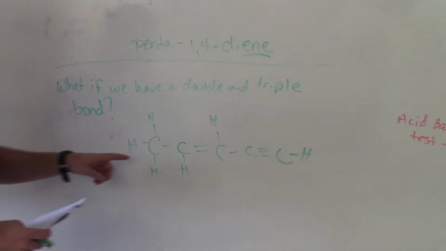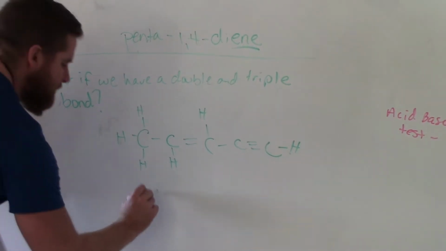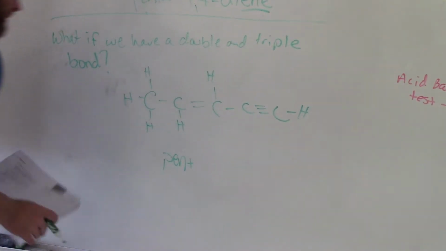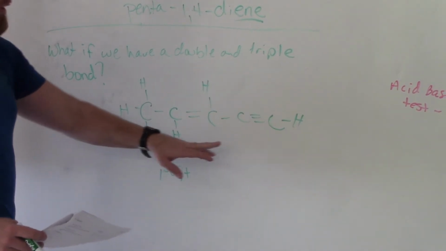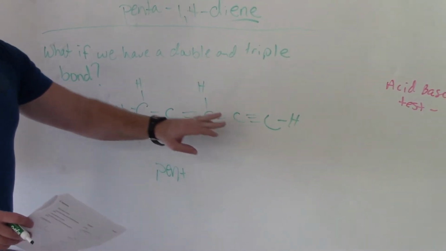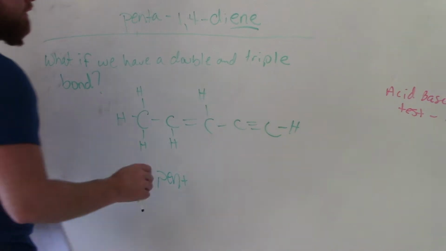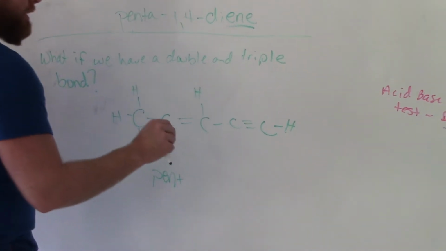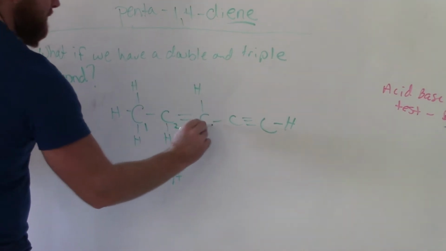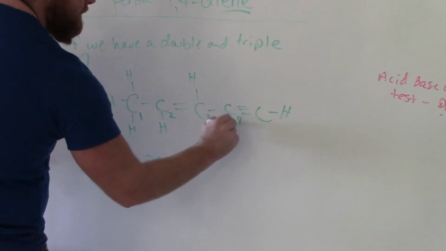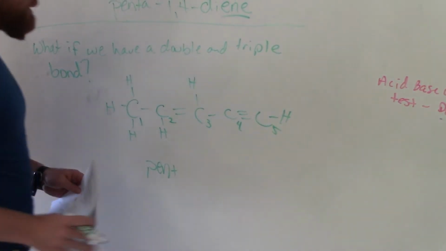So this parent molecule is 5 carbons again. So this is pent. Now the weird thing is that the alkenes take precedence over the alkynes with alkenes, alkynes. So the intuition would be to number carbon 1 from here, but we actually number to where the closest alkene is. Don't ask me why, because I don't think it makes sense either.